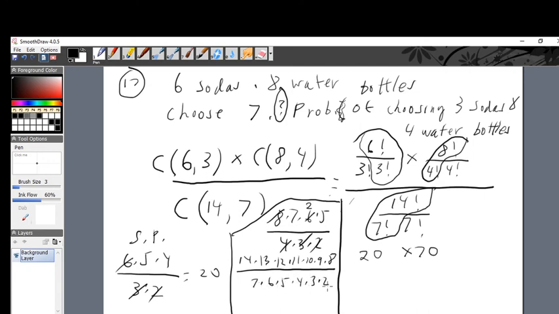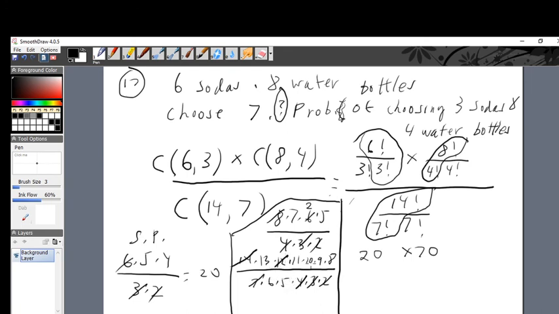I don't need the 1. Okay, 7 times 2 is 14, they cross each other out. What else do we have over here? Oh, 4 times 3. 4 times 3 is 12. That'll go. Okay, what's left?